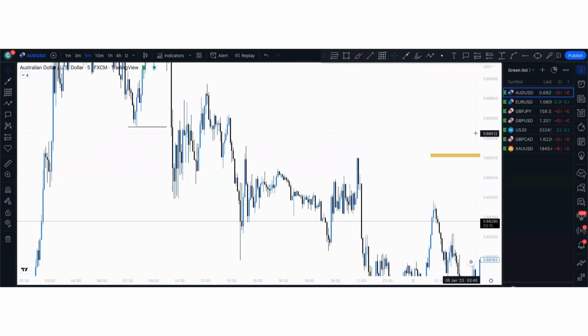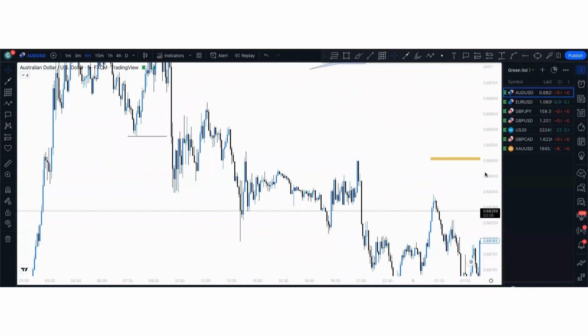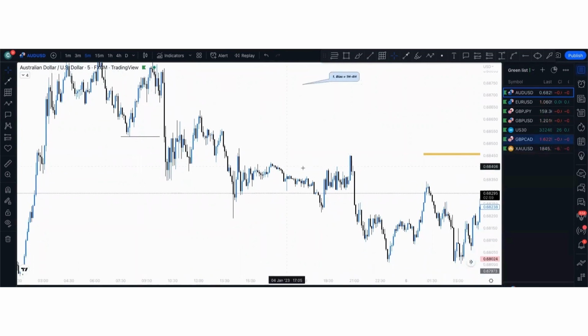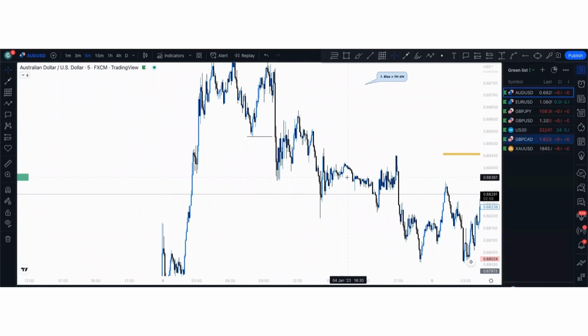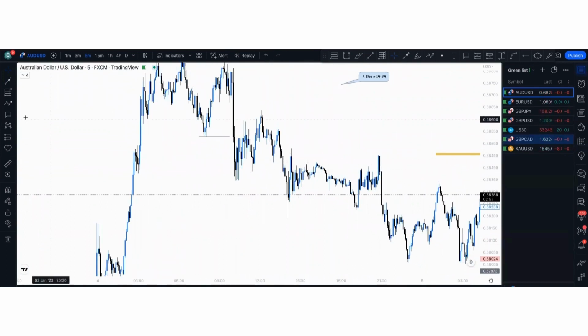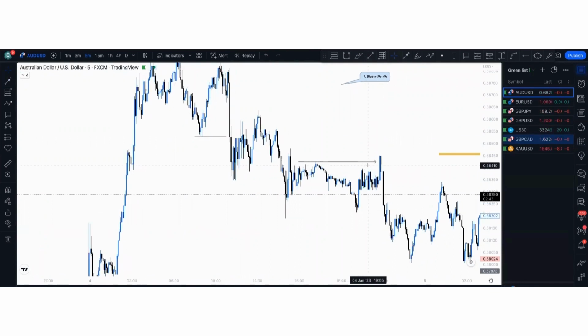but it's up to you what rule you have on how to enter. But for me, since we are in a downtrend and you see this kind of equal height on this one, there's an expectation that the price will go up here, right?